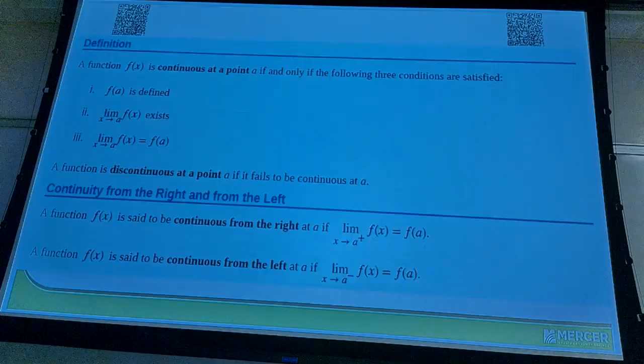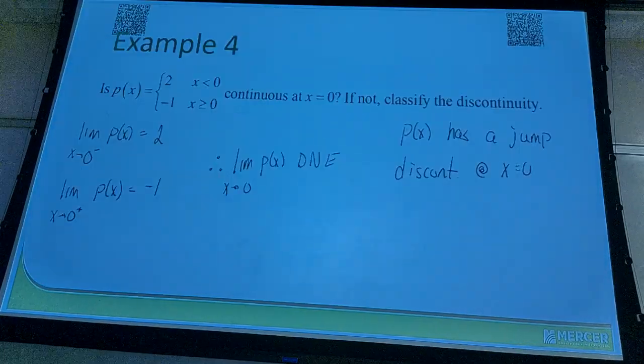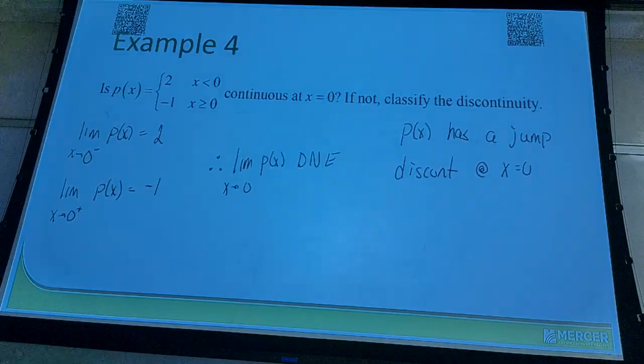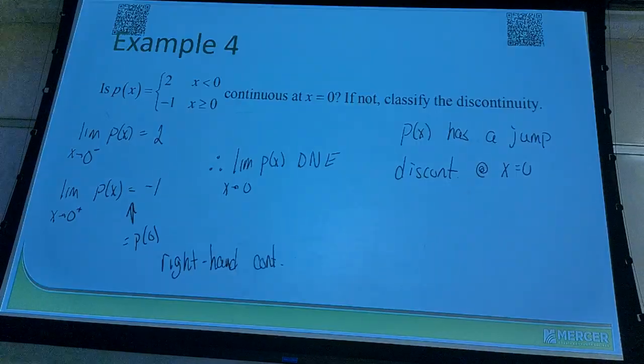The right-handed limit is equal to f of 0, right? I think it's right-hand continuous. Which means it's right-hand continuous at 0.